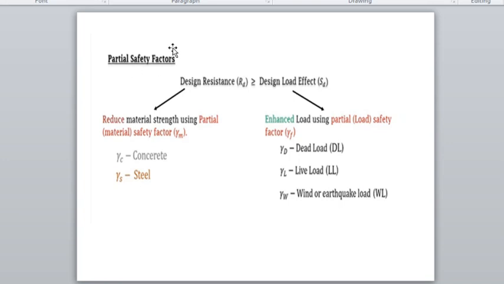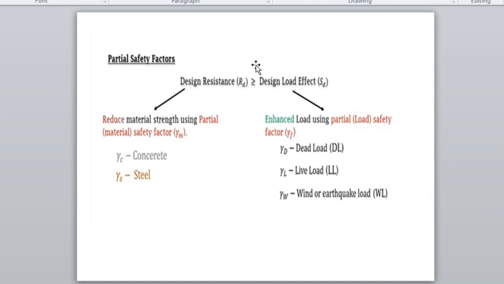So partial safety factor means, for a structure to be safe, the design resistance should be greater than or equal to the design load effect. Okay, that is, we are designing for a load. For a maximum load we will be designing.